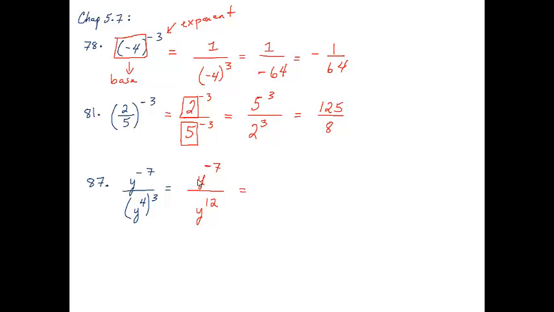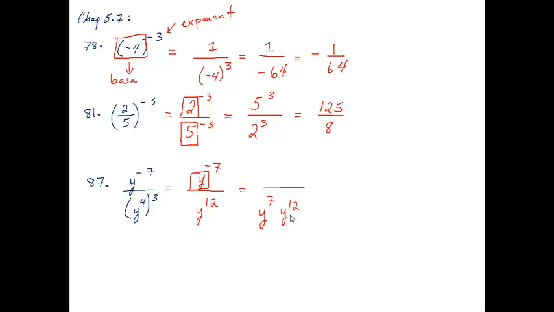Alright, the first thing we're going to do is go ahead and make this exponent positive, just like we did before. So who is being raised to the negative 7? Just y, which means he must go from the numerator to the denominator, and his exponent becomes positive. But who else is down there? Y to the 12. He doesn't actually go anywhere, right?